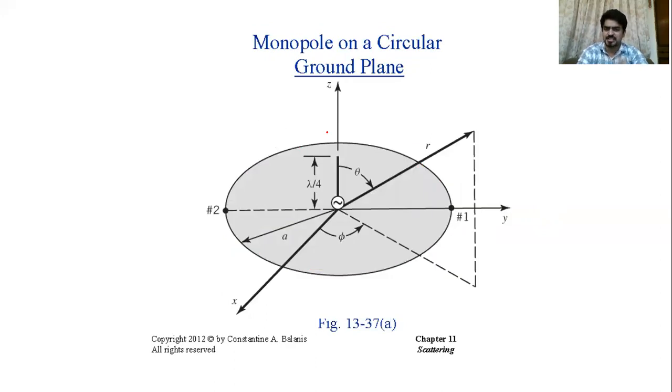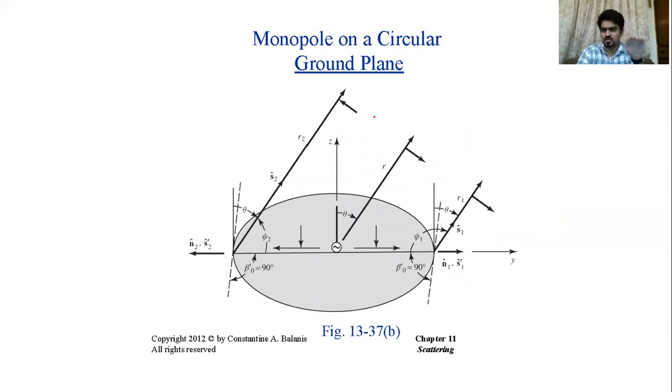And this is the geometry. Basically, you have a monopole antenna placed above this circular ground plane. And when we do that, we look at the cross section. Basically, the two opposite edges again will diffract the fields in two opposite directions. One will be directed in the same direction as the direct radiation, and the other one will be in the opposite direction.